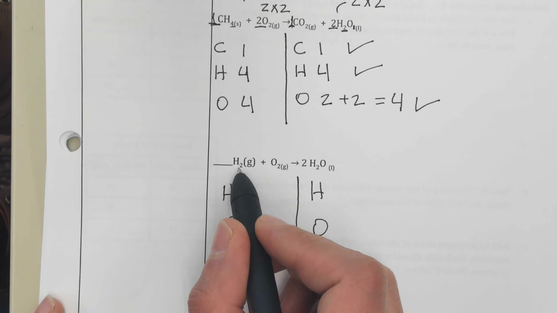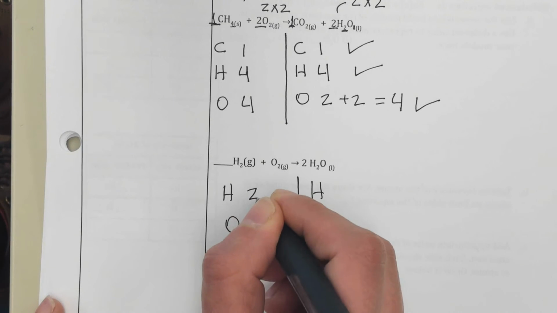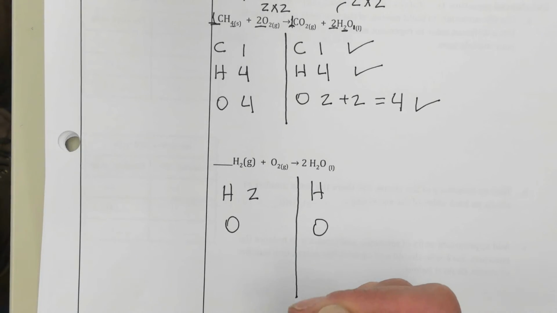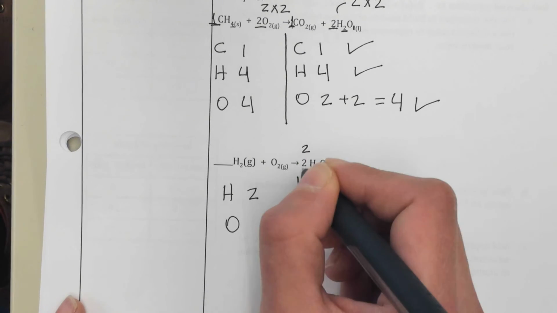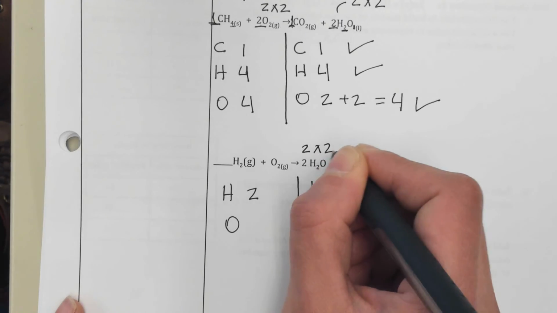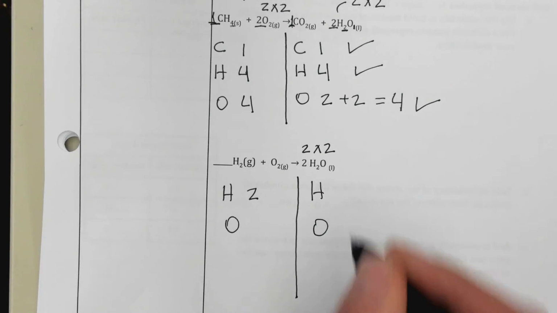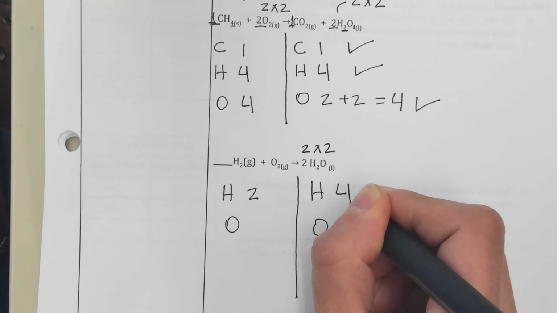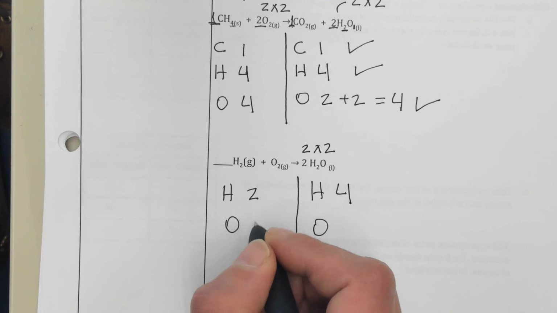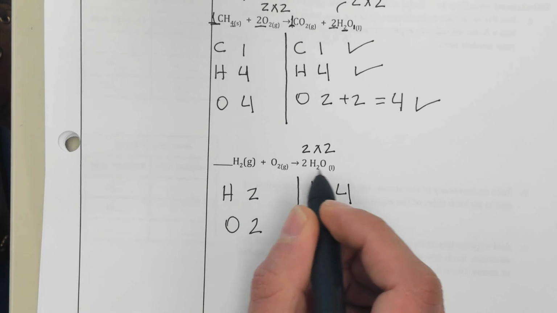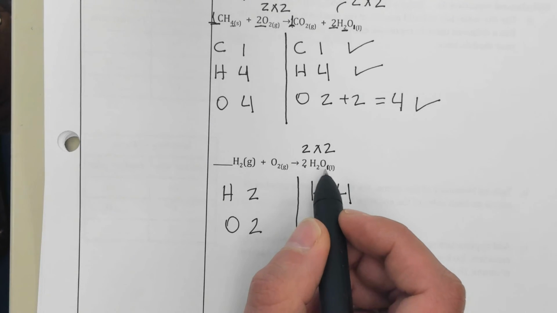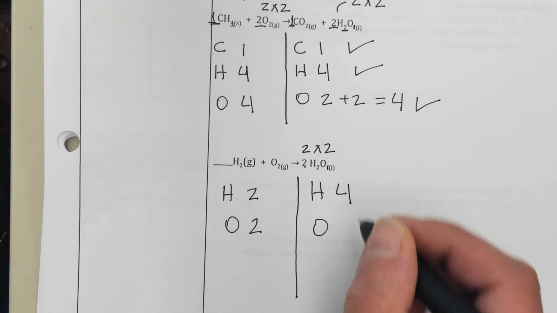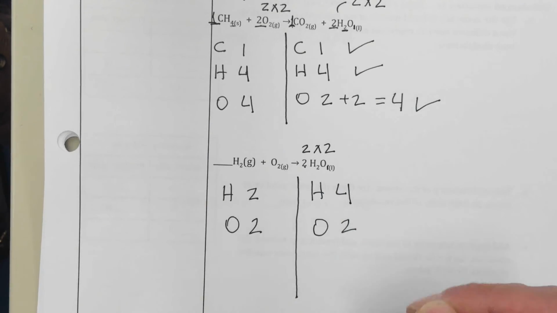You have 2 hydrogens. In here you have 4 hydrogens. How so? You have 2 times 2, so you have 4 hydrogens. In here you have 2 oxygens, and in here you have 2 oxygens: 2 times 1. Remember, if there is no subscript, it means that there is 1. So you have 2 oxygens.